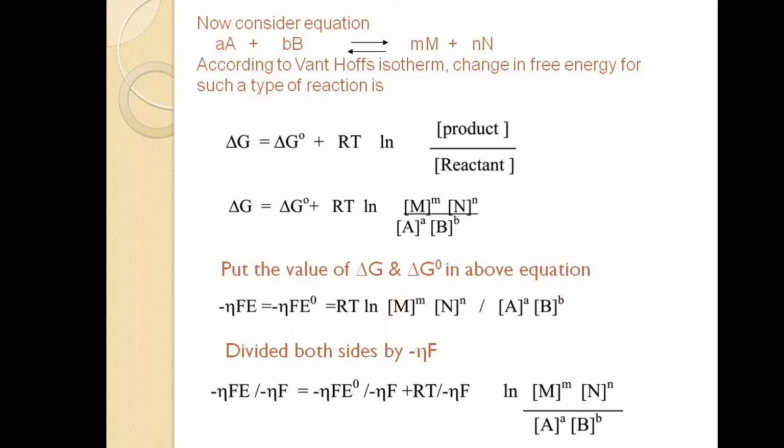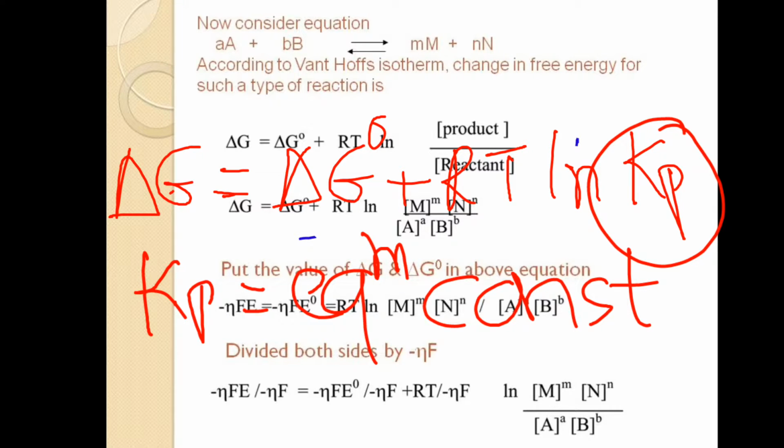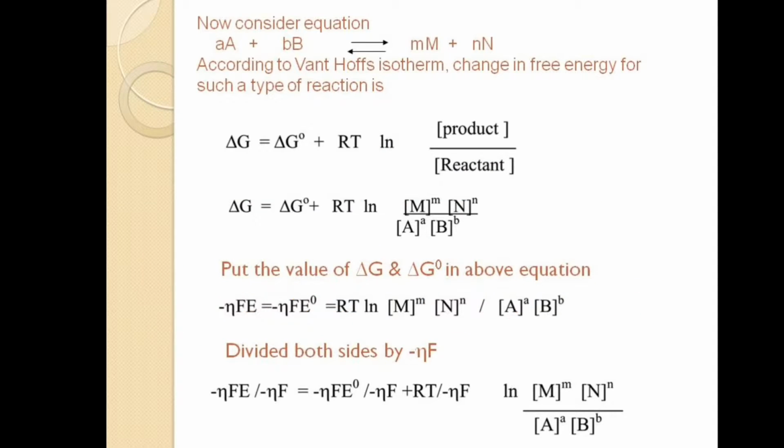Now according to Van't Hoff isotherm, as you know, it is a thermodynamic term, the change in free energy is given by delta G is equal to delta G0 plus RT ln Kp, where Kp is nothing but concentration of product divided by concentration of reactant. So this equation becomes delta G is equal to delta G0 plus RT ln concentration of product divided by concentration of reactant.